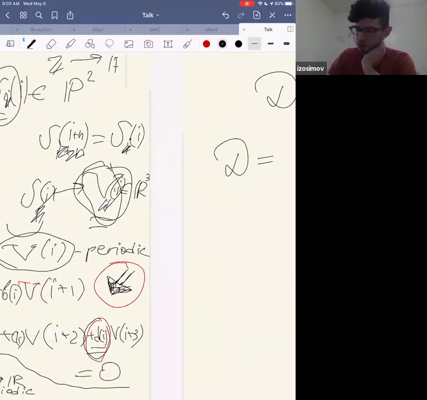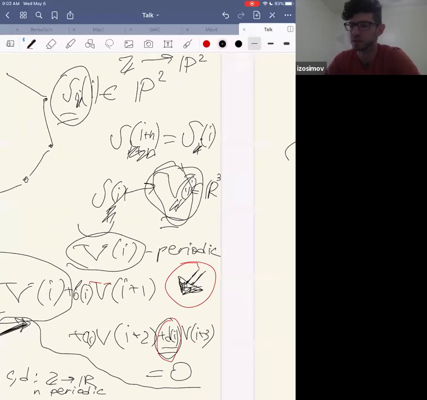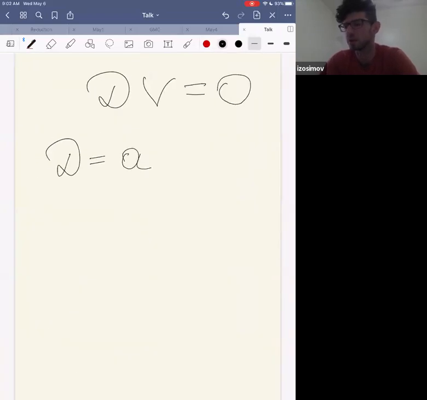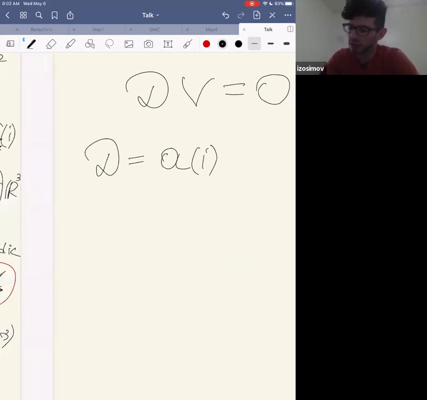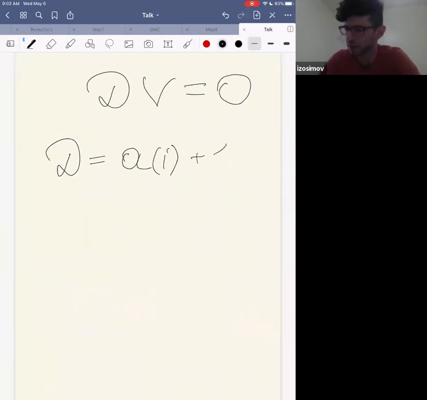The first term is we just multiply v of I by a function a of I. So it's basically a scalar operator, an operator that multiplies by a function. The next term is b of I, but we also have a shift operator involved here, v of I plus 1. So we have a certain left shift. We'll write it as b of I multiplied by t, where t is a left shift operator.